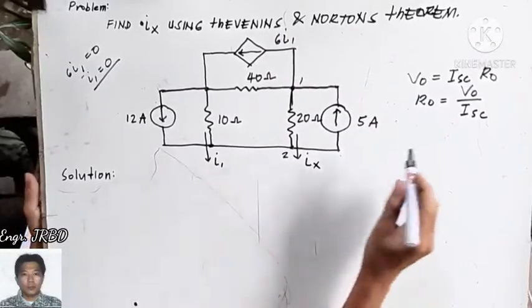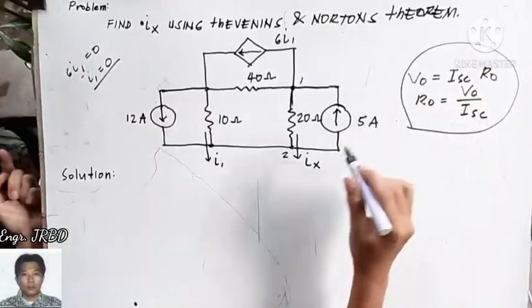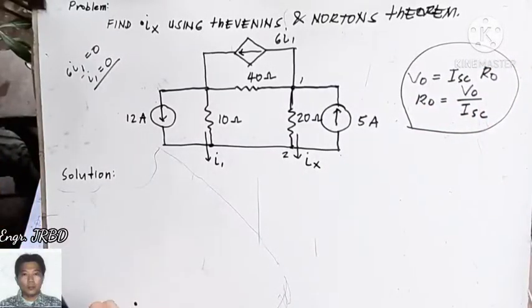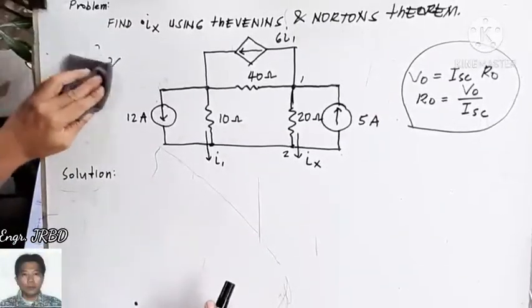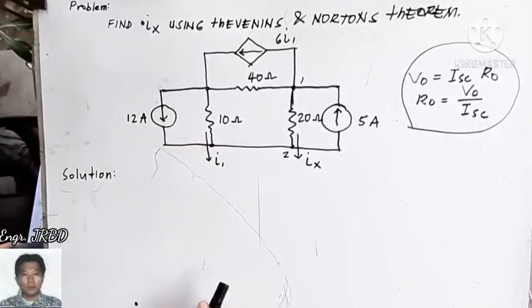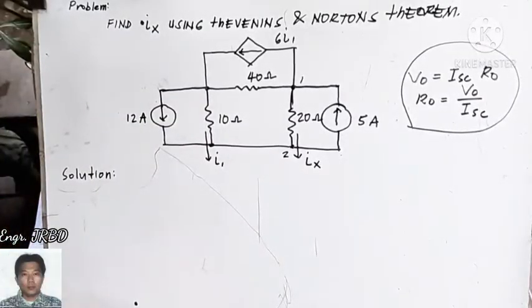That is why we need to make use of this relationship. I repeat, whenever we have circuits containing dependent sources, you need to make use of the ratio of the open circuit voltage to the short circuit current to determine the looking back resistance. Okay?